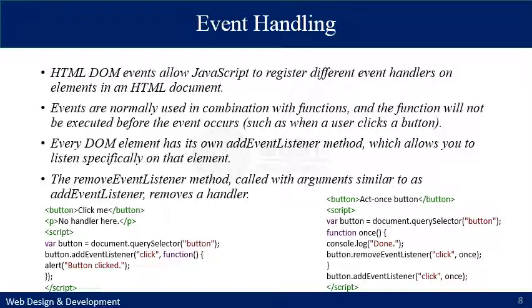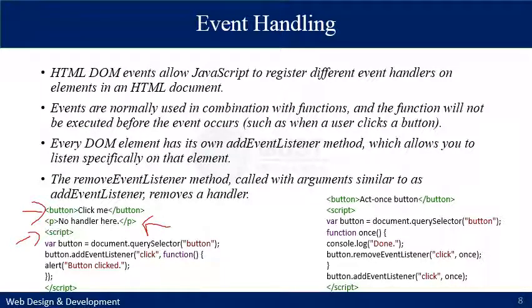So there are two examples done for both adding and removing event listeners. For example, here's a button with the text click me, and there is no event handler here, so we specified it in the script tag. We get the button by document.querySelector('button'), and it will return us a button because there is only one button in the page so far.